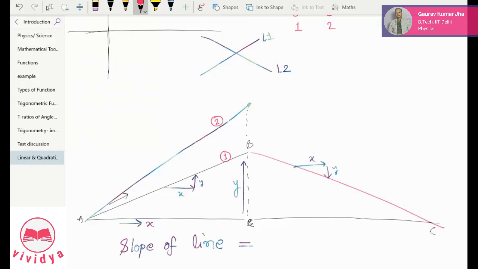But what is the difference between 1 and 2? We know physically, right? The slope in path 1 is little lesser than the slope in path 2, or the slope of path 2 is greater. Obviously, you will not take that path. Exactly. So the more inclined up it is, the more is the slope.